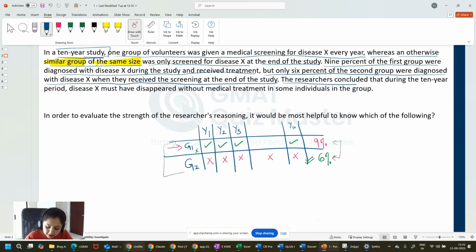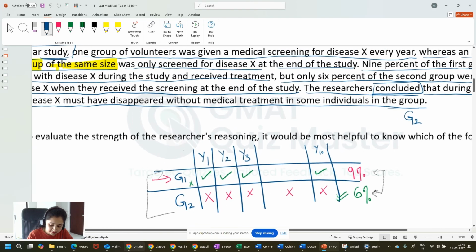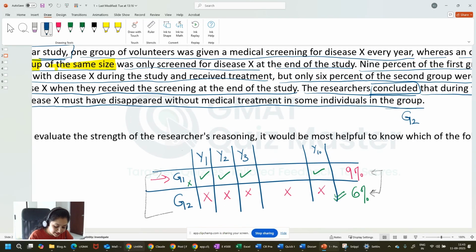The researchers concluded, so we have the conclusion here, that during the 10-year period, disease X must have disappeared without medical treatment in some individuals in the group. So, which is this group? Let's understand this conclusion better. So, here are some important words. Disease X must have disappeared.